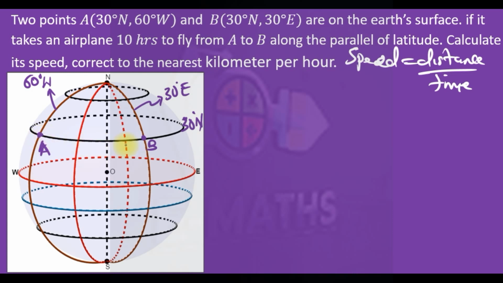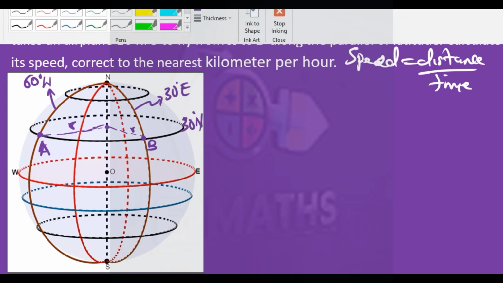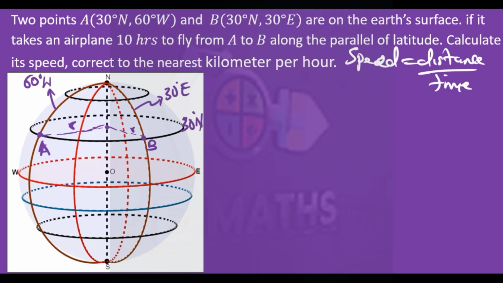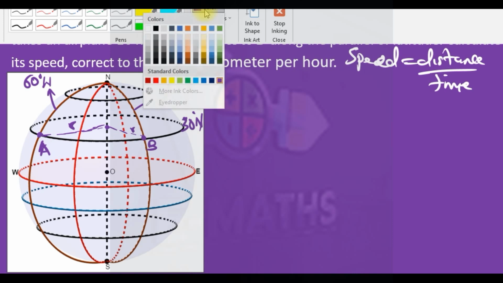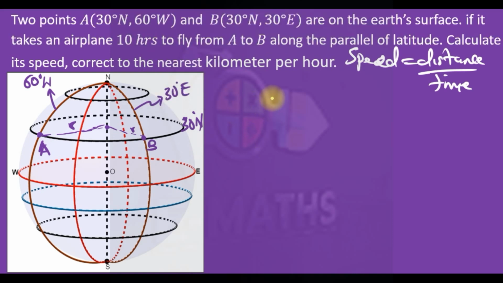So we want to get this length. As you can see, this is the middle of this circle. So the radius we are going to use here is the small r, the same small r. Let me just draw. So see what we have here.